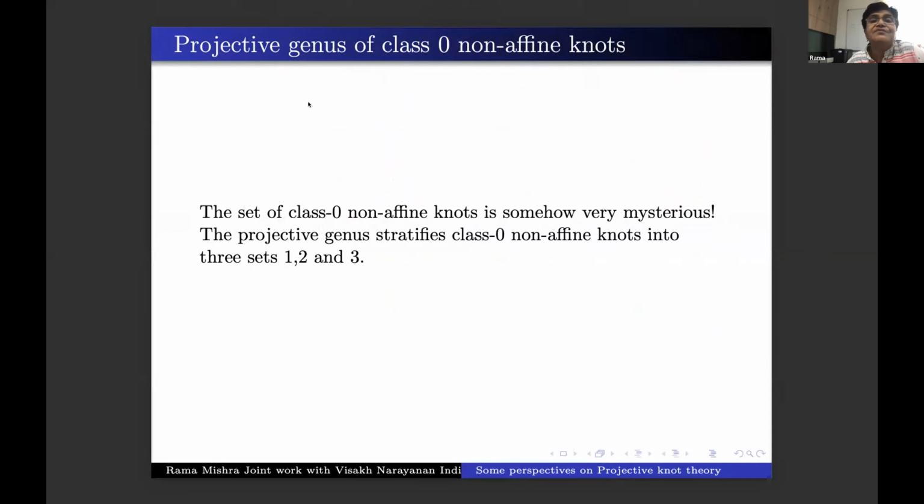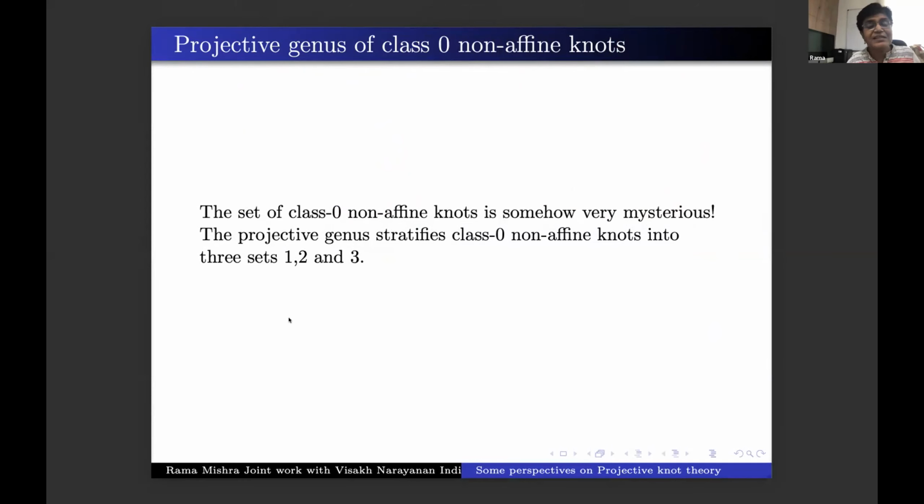So projective genus for class 0 non-affine knots is where all kinds of segregation happens. You can have genus 1 non-affine, class 0 non-affine, and they can have examples with genus 2. So they come in 3 different classes, and we have examples of each class.